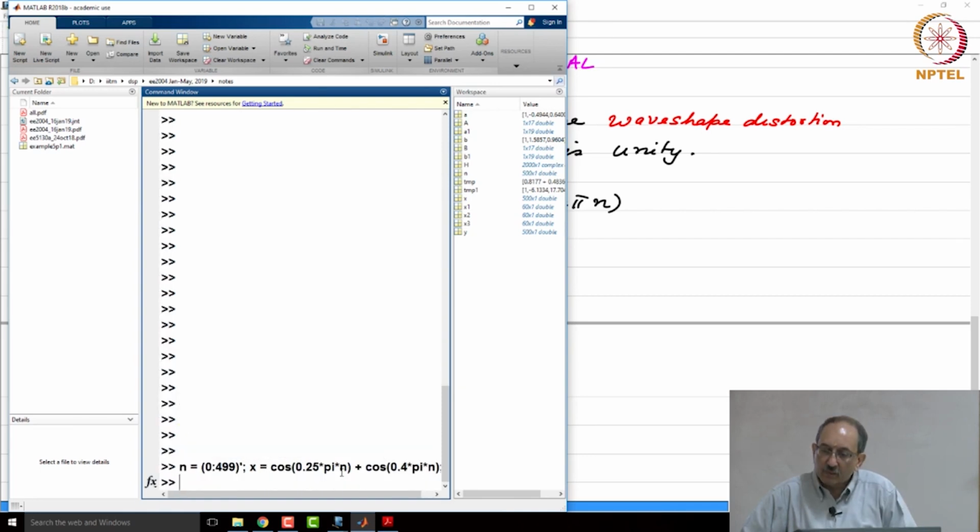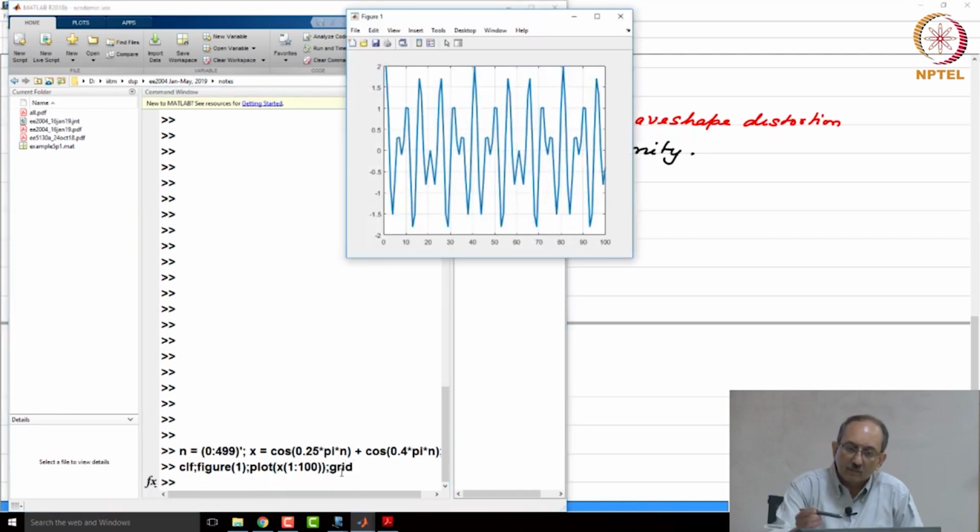So, I have cos 0.25 pi n plus cos 0.4 pi n. I have created 500 samples of this input. Let me plot the first hundred samples.